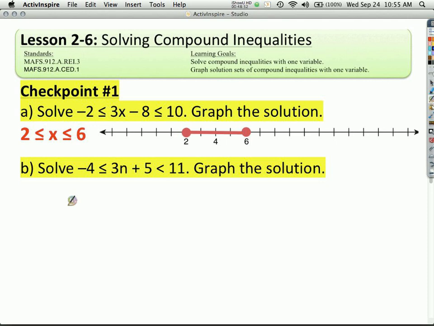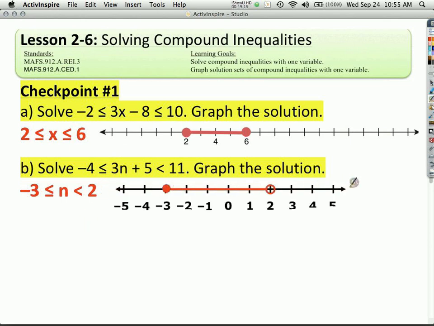N is greater than or equal to -3 and less than 2. Okay, and number 18. N is greater than or equal to -3 and less than 2. Okay, so the correct solution is n is greater than or equal to -3 and less than 2. I think that's what they said. Very good, and here's what the graph looks like.